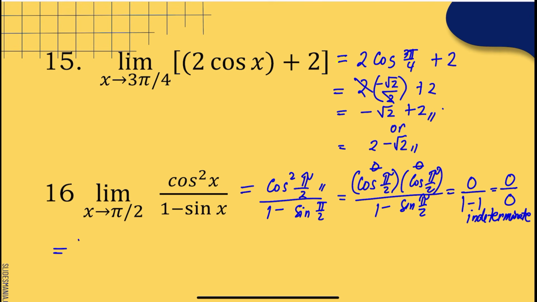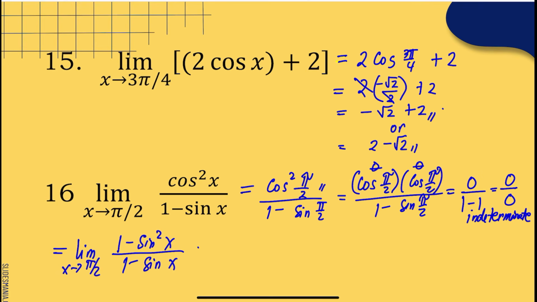So this will become the limit of cosine squared x, which is equivalent to 1 minus sine squared x. This is a Pythagorean identity. Copy the denominator 1 minus sine x, where x approaches pi over 2.